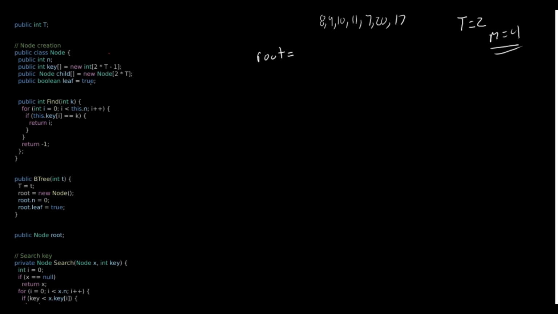Alright, so what is the key for our node? We will have the keys of 3, since 2 times T, which is 2, take away 1. So this will be 2 times 2, so 4 take away 1. This will be 3.